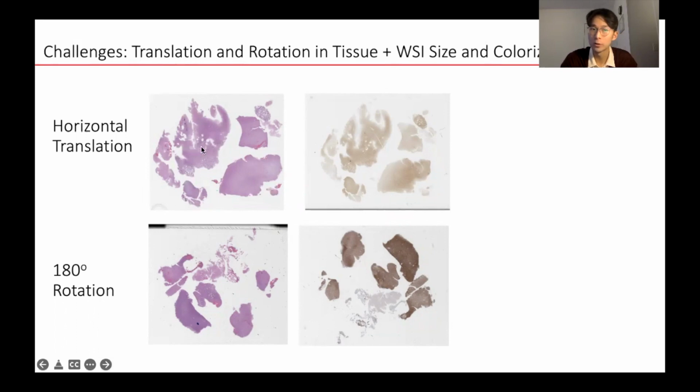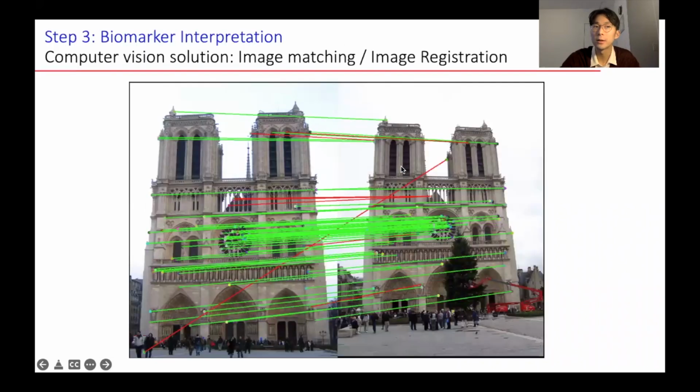And so there might be horizontal translation, there might be 180-degree rotation. And this complicates things when we want to match different areas of this tumor to the corresponding area in the immunohistochemistry stain from the H&E, for example. And that's where a computer vision tool that's not actually deep learning based, called scale-invariant feature transform, comes in.